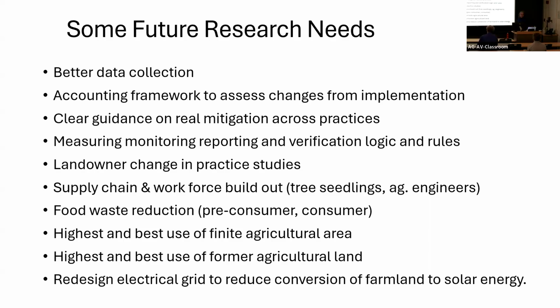We need to work on landowner change and practice studies. We need to think about supply chain and workforce build out, from tree seedlings to ag engineers. We need to think about food waste reduction, both pre-consumer and consumer, right? Because every amount of food that we do not waste is all these acres and all of these associated emissions. We need to think about the highest and best use of our finite agricultural land.